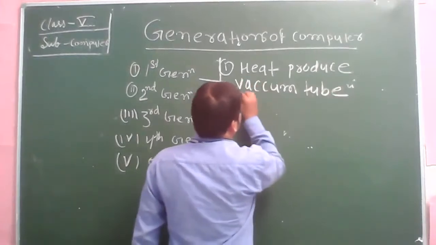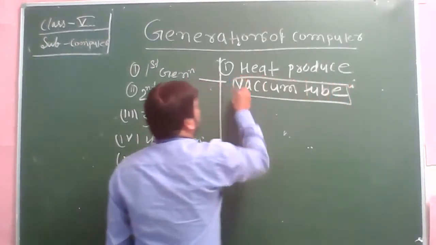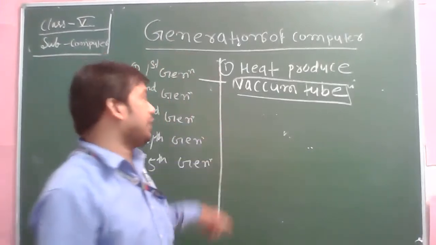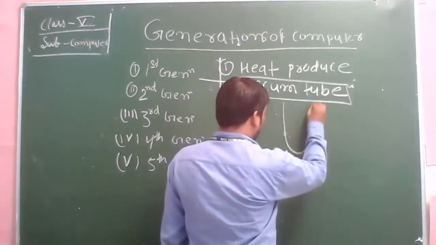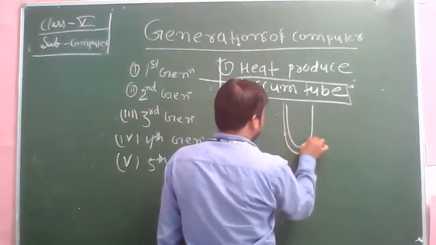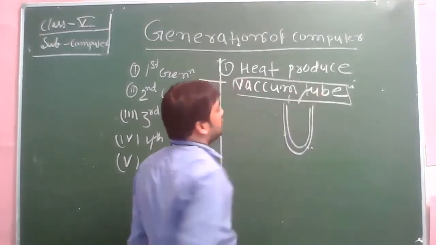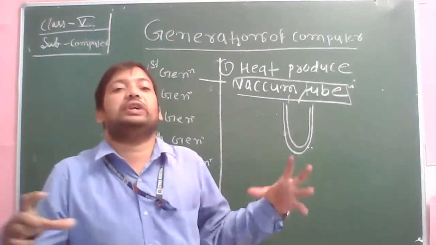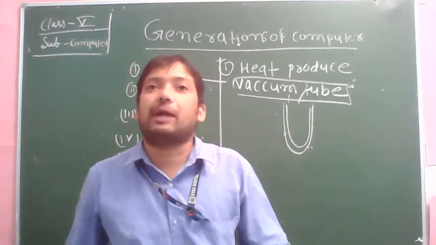This vacuum tube was used as a processor, and it has a wire. Many vacuum tubes were connected to each other to solve any type of problem.